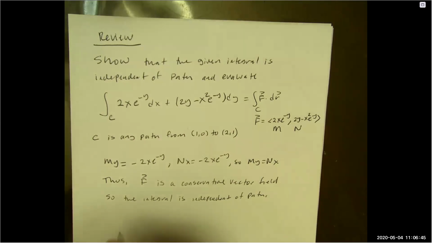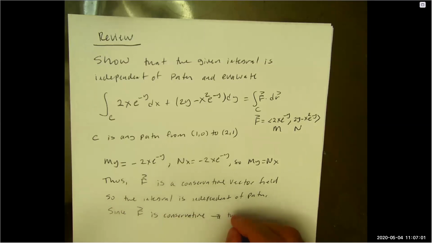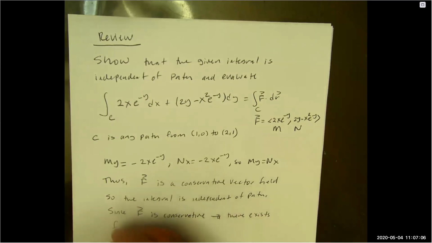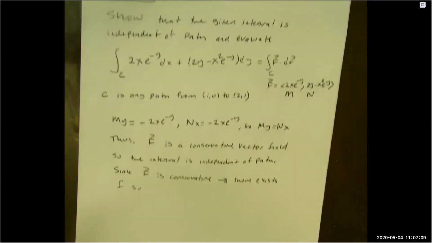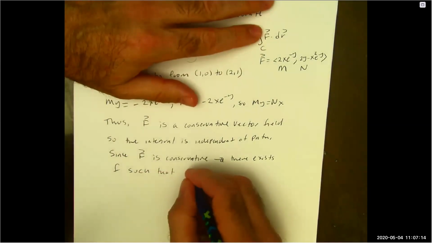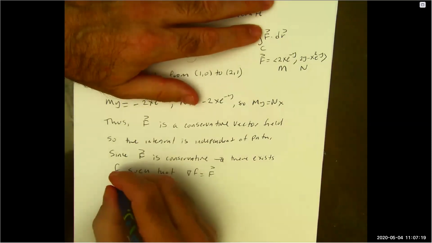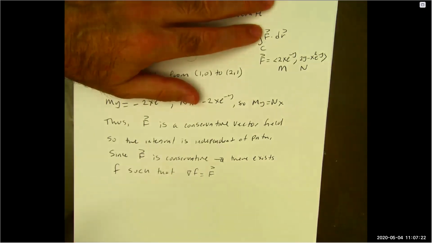All right, so since F is conservative, that implies there exists f such that the gradient of f is equal to F. And remember, we call this little f a potential function.